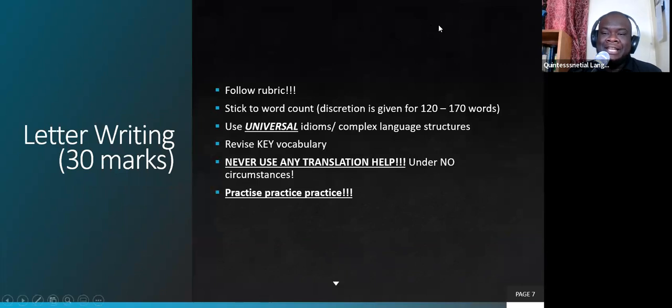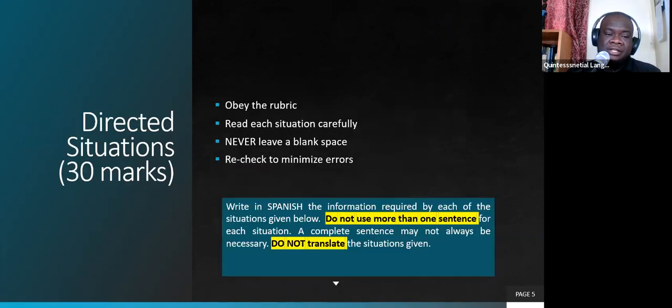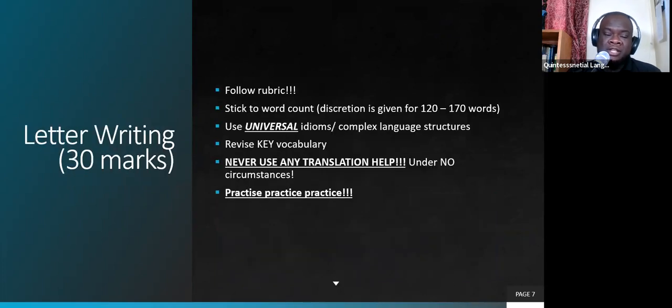Next, letter writing. Of course, follow the rubric. And once again, sorry, before I even say that, directed situations is out of 30 marks, letter writing out of 30 marks as well. So these are the two weightiest areas of the paper 2 exam.